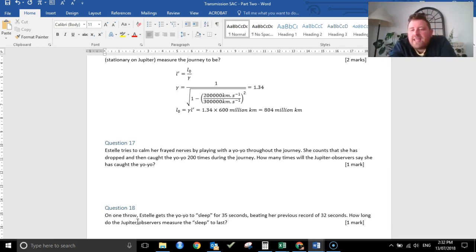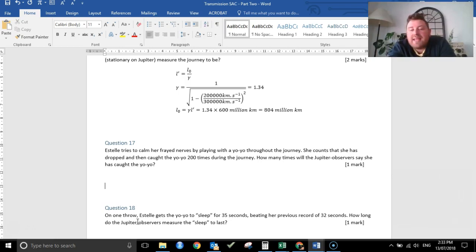This one is trying to tempt you into doing some time dilation. But catching a yo-yo is not an amount of time. Catching a yo-yo is an event. And all observers agree on the events. So if I say I caught a yo-yo twice, you, a different observer, have to agree, yes, you caught the yo-yo twice.